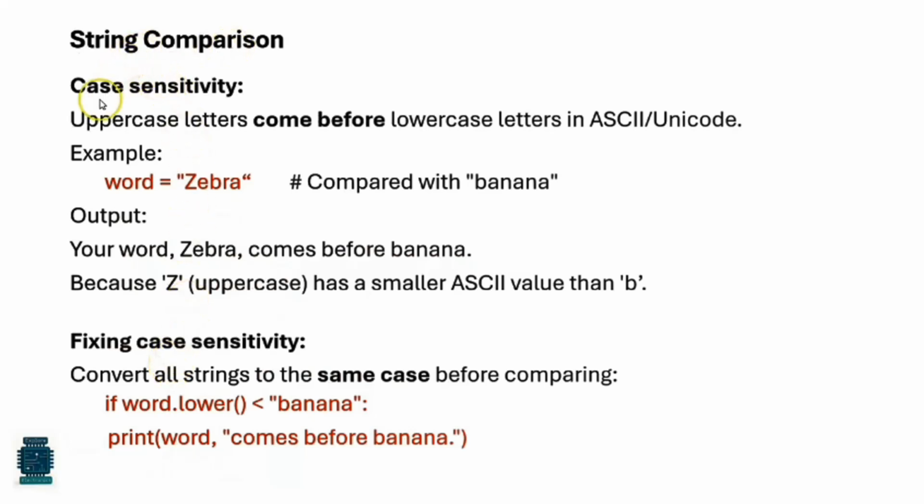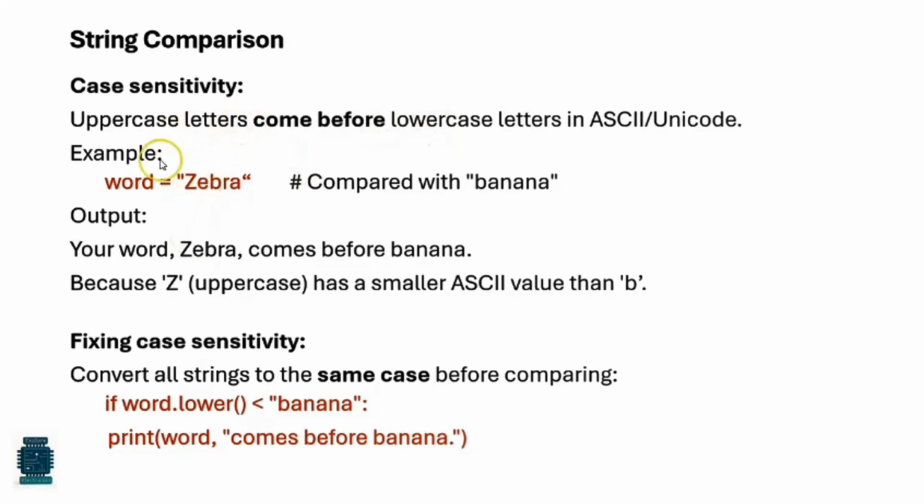Here string comparison is case sensitive. Uppercase letters come before lowercase letters in ASCII or Unicode. For example, word is equal to Zebra. Here Z is uppercase. It is compared with banana. It will give the output as your word Zebra comes before banana, because the uppercase value comes before lowercase.